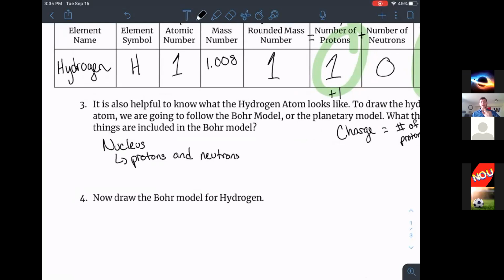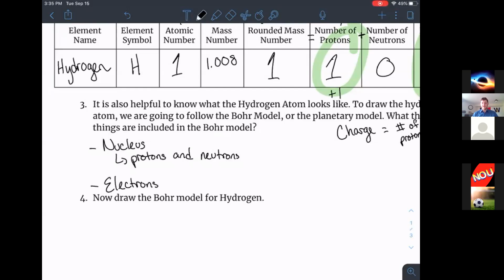And there's one more thing. So we have protons, neutrons, and the electrons. So we need to draw our protons and neutrons in the nucleus, and we need to draw those electrons in those rings or orbitals, as we're going to call them, that go around the nucleus.